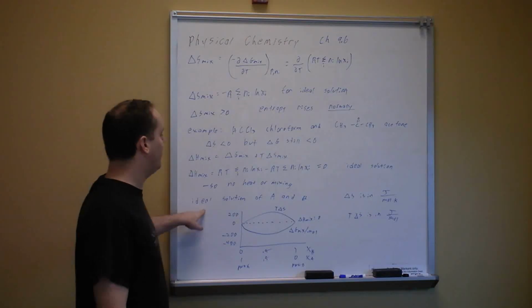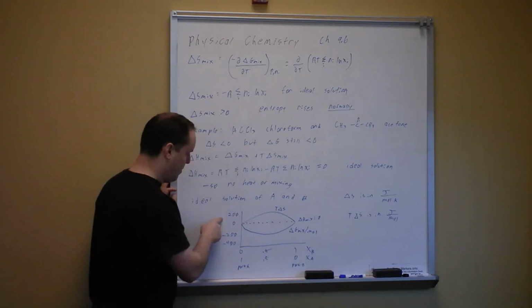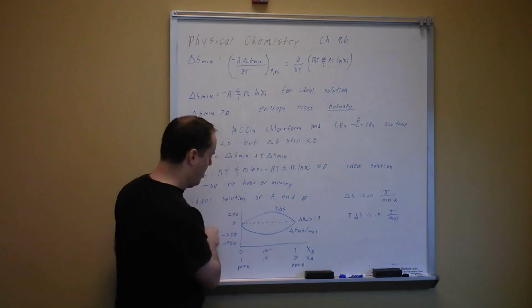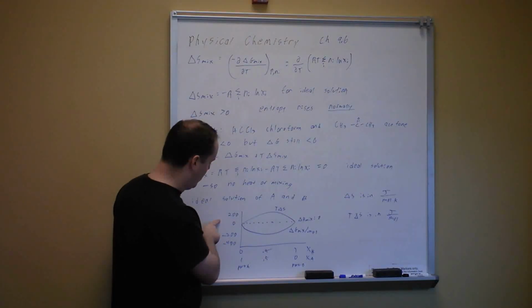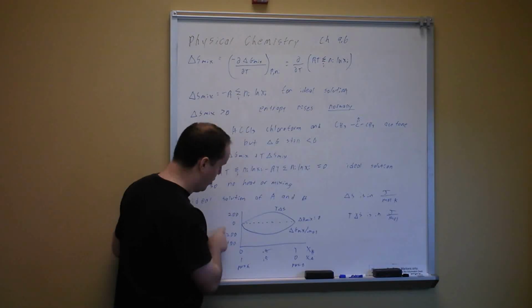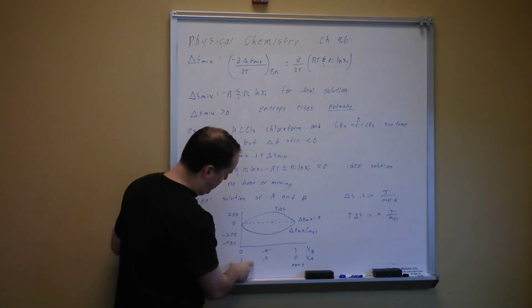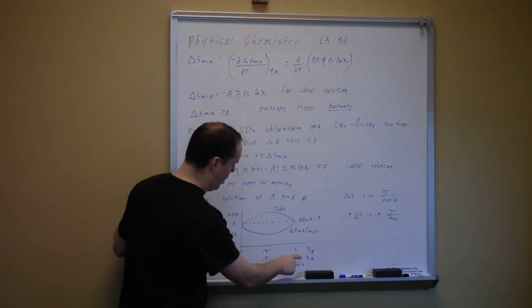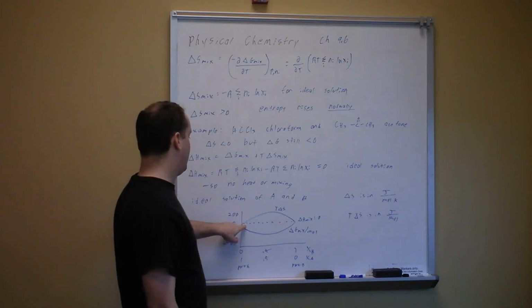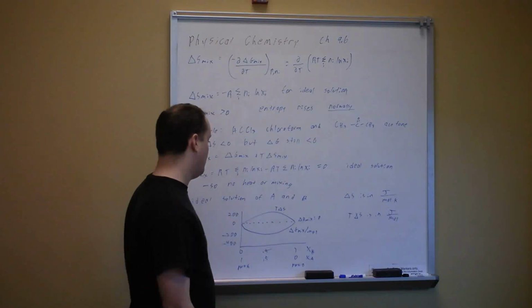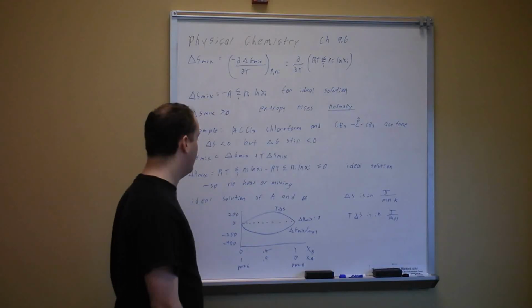So let's say we have an ideal solution of A and B. We're plotting Gibbs free energy, with units of energy per mole, joules per mole. We've got pure substance A and pure substance B. Notice we have the mole fraction of B going from 0 to 1, or the mole fraction of A from 1 down to 0. Now, the change in enthalpy of mixing for any mole fraction is equal to 0.